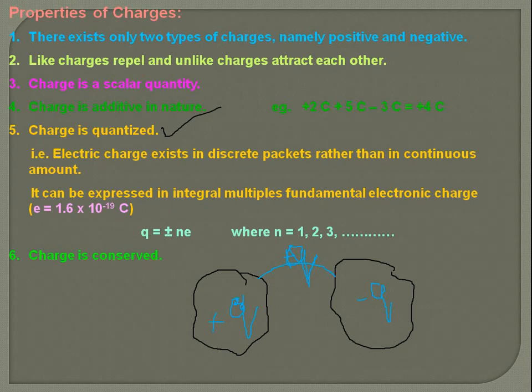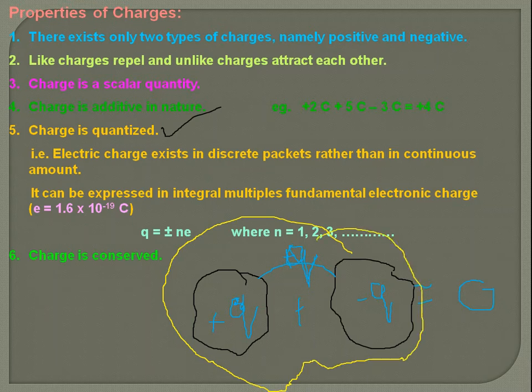Initially the charge in the system was 0, and after the transfer of charge, the charge in this whole system is still 0. So this is called charge in a system is always conserved. You cannot eliminate any charge. You just transfer charge from one body to another.